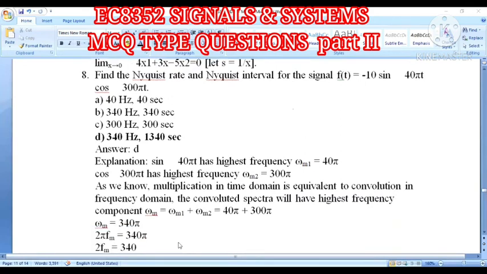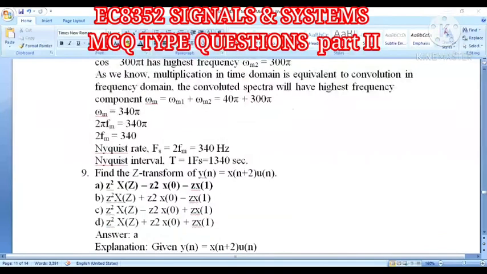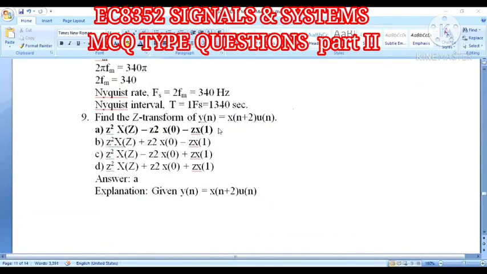So omega m is equal to 340 pi. From this I find out this fm value, that is 2 fm, which is equal to 340. So 2 fm is nothing but your Nyquist rate. So Nyquist rate exact value is 340. If you want to find out Nyquist interval, you take 1 by 2 fm, that is 1 by 340 seconds.